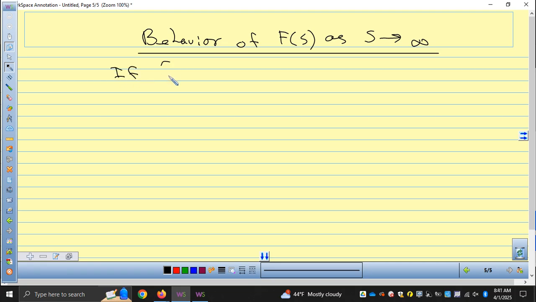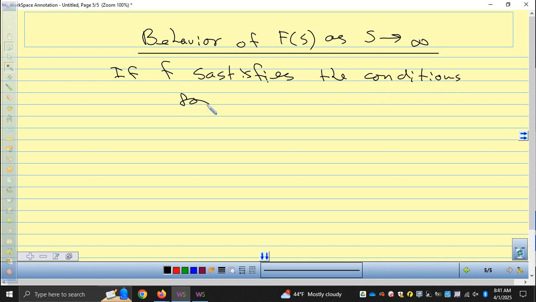If our function satisfies our conditions for the existence of the transform, then the limit as s approaches infinity of the Laplace transform is 0.